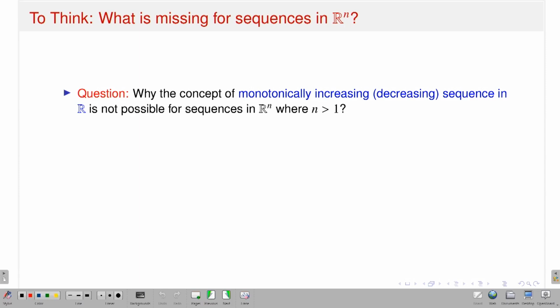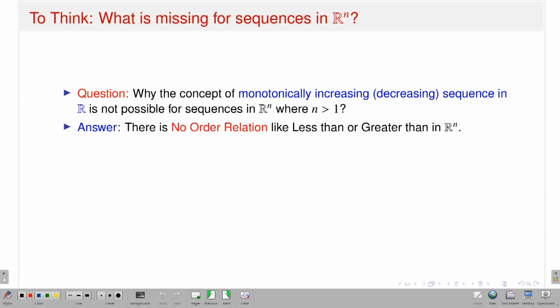Now think about what is missing for sequences in Rn. In R, or the real line, I know the concept of monotonically increasing and monotonically decreasing sequences, but that is not possible in Rn. Why? Because there is no order relation like less than or greater than in Rn. In R, I can compare two elements: if I take two points in R, I can say which one is greater and which one is smaller.